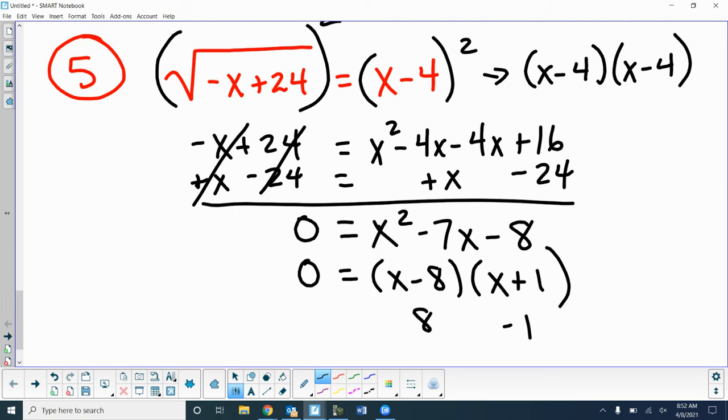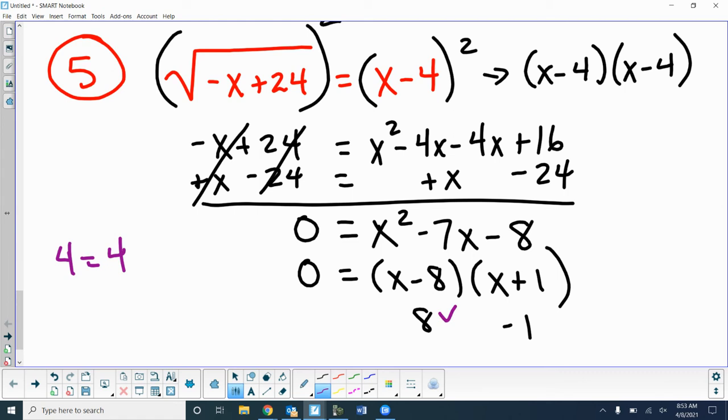I heard a no, so let's check them. Negative 8 plus 24 is positive 16. What's the square root of 16? 4. Is that equal to 8 minus 4? That's 4 also, right? So the 8 works.